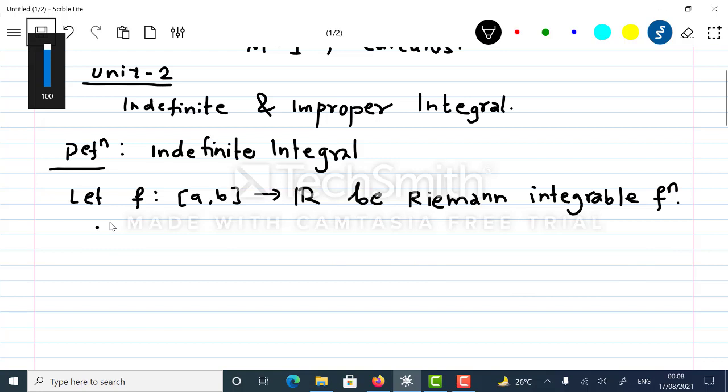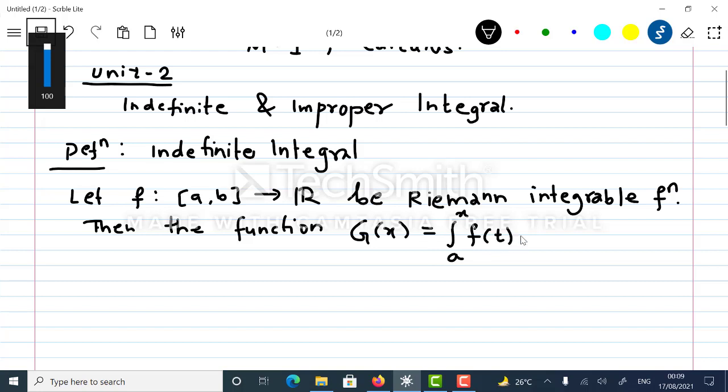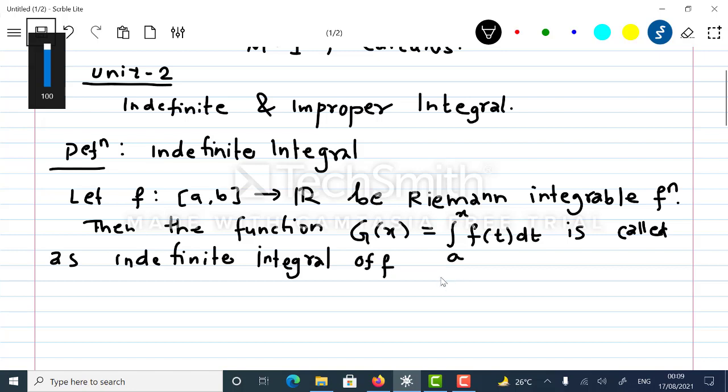Then the function g of x defined as integral a to x f of t dt is called the indefinite integral of f on closed interval a comma b.